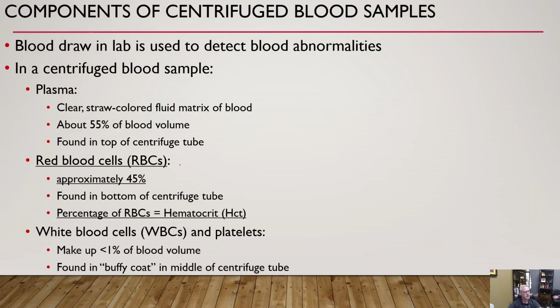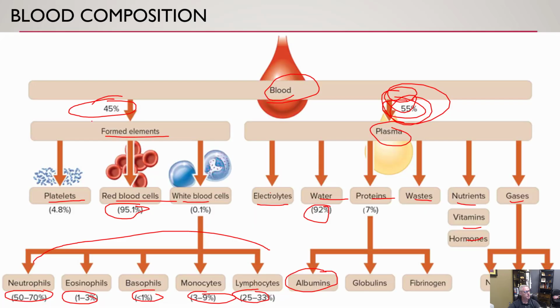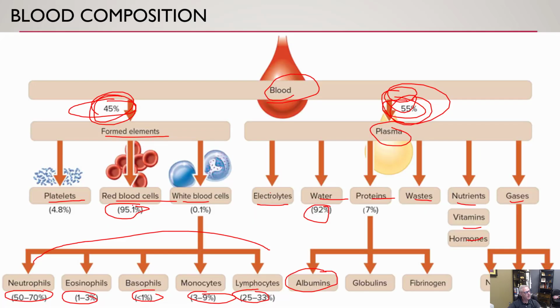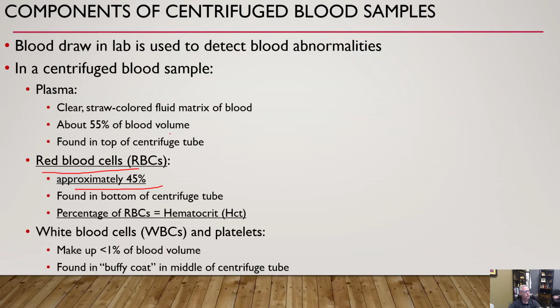Our red blood cells make up about 45%. Remember, our formed elements make up 45%, and our red blood cells make up 95% of that. But we can pretty much approximately say our red blood cells make up 45%.